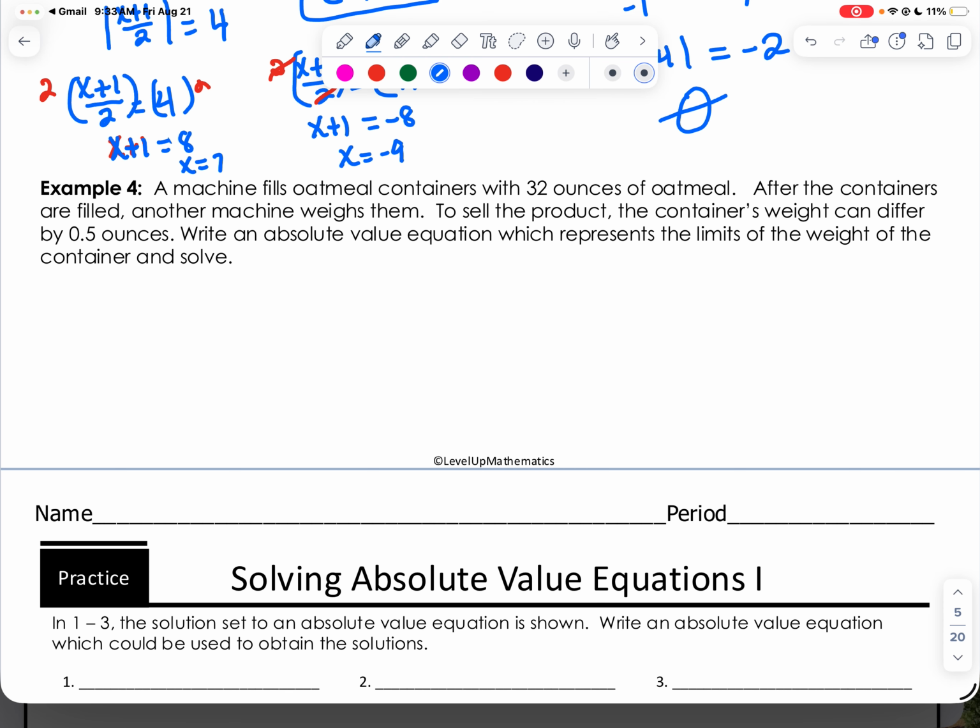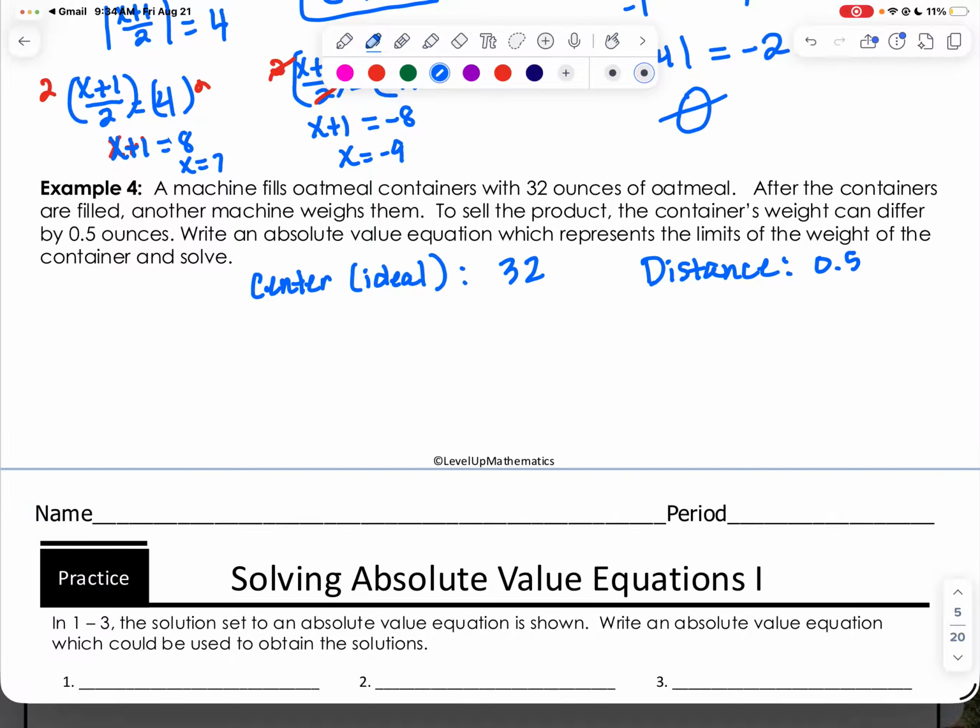So in this problem, your center, or in this case, it's the ideal. So the ideal here is you want to fill each container with 32 ounces. However, your distance can be off just a little bit in either direction, and they're saying that the container's weight can differ by 0.5 ounces.